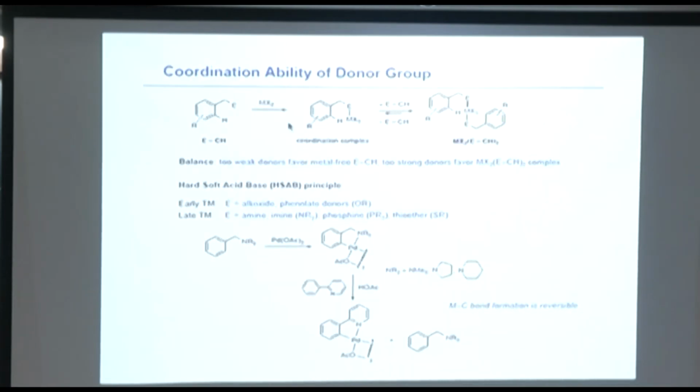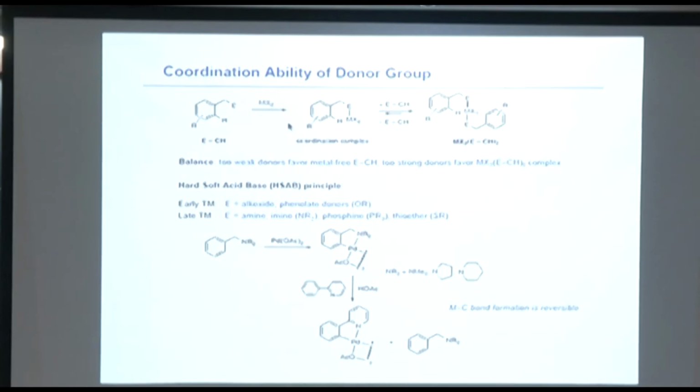So, coordination ability of the donor group, point one. That's really hard-soft acid-base, and we have clear-cut separations. Early transition metals like, of course, hard donors, so oxygen functional groups are preferred: carboxylates, peroxides, alcohols, ethers, very good. For late transition metals, we'd like to go softer, so phosphines and thioethers are particularly good, with amines and imines in between, so you know the hard-soft acid-base sequence.